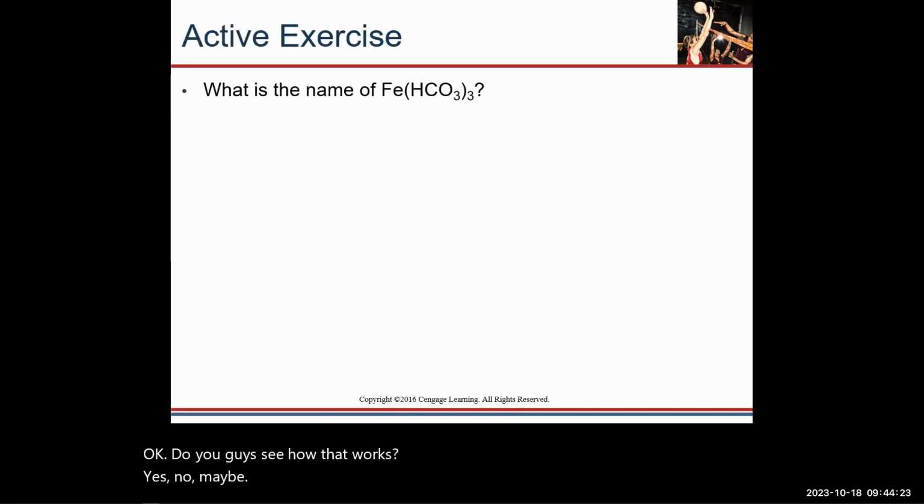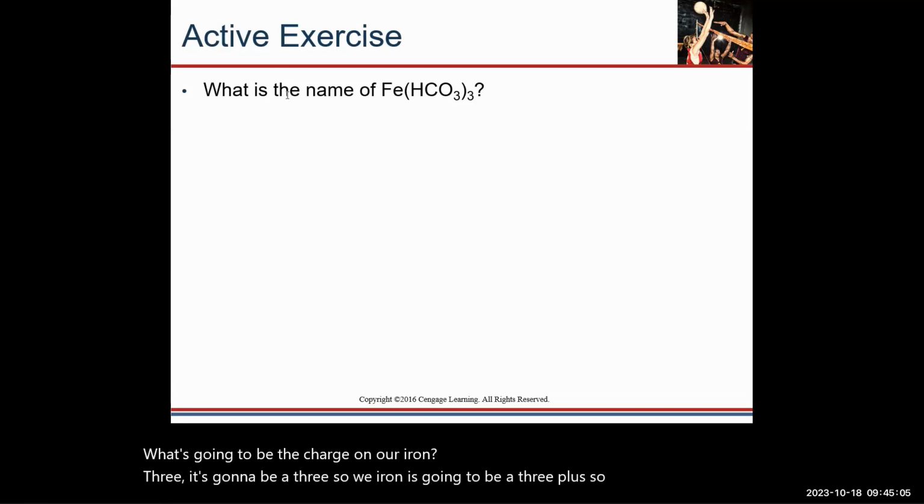Okay, so then what is the name of Fe(HCO3)3? What's going to be the charge on our iron? 3. It's going to be a 3. So iron is going to be a 3 plus.